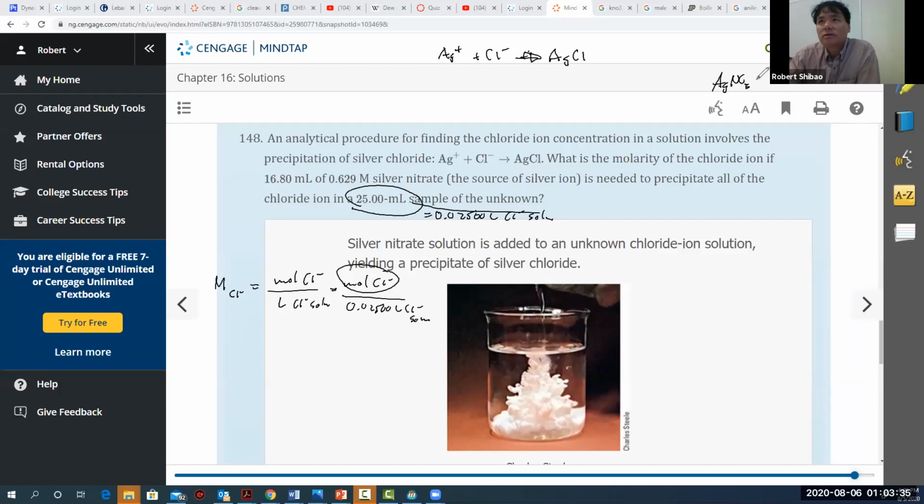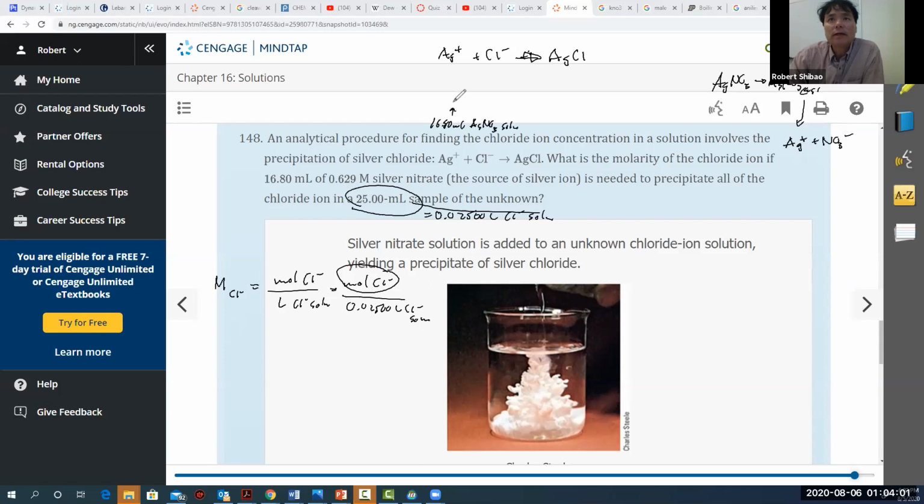AgNO3, nitrate salts are soluble. So that's AgNO3 (aq). And soluble salts are strong electrolytes. So for every mole of silver nitrate, I have 1 mole of silver and 1 mole of nitrate. And so this is the way we do this one here. We're going to start off with 16.80 milliliters of silver nitrate solution.